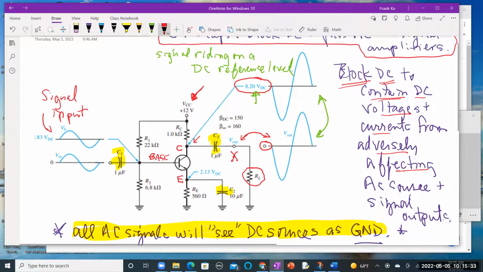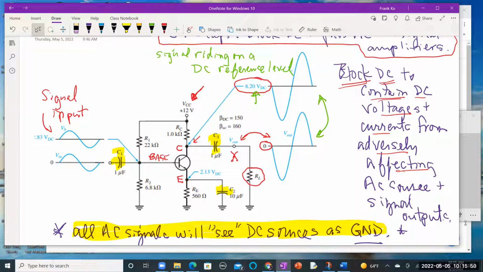Now take a look at the output waveform. The output waveforms are attached to which transistor lead? That's on the right-hand side. Look at the waveform: C. And C stands for collector. E is emitter. Base, collector, emitter.